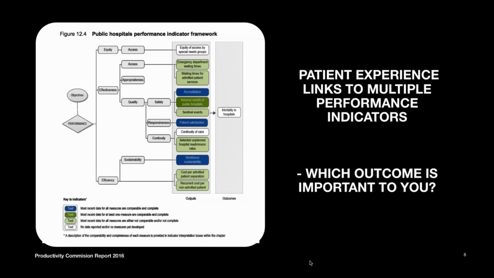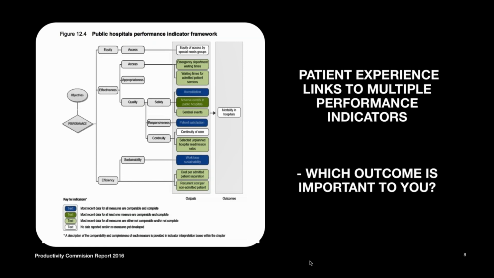We need better outcomes from patient experience. Well, the first thing that we have to understand is, what's the important outcome for your business, your ward, your hospital, your department? What are you actually measuring as a patient experience outcome at the moment? This is a key question for you.